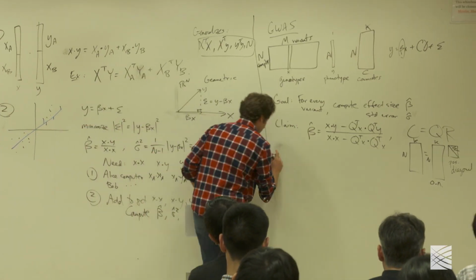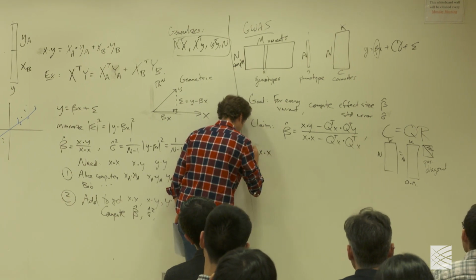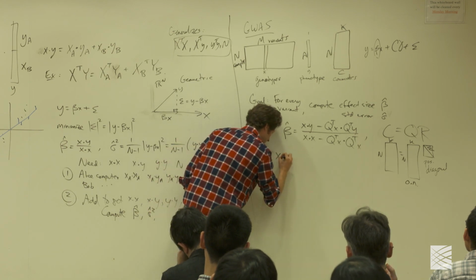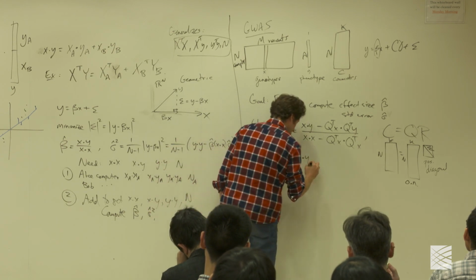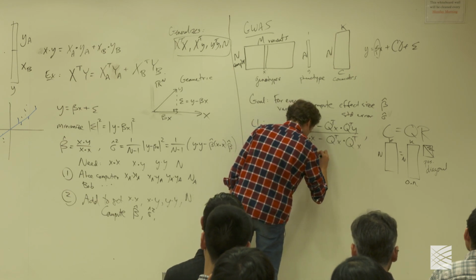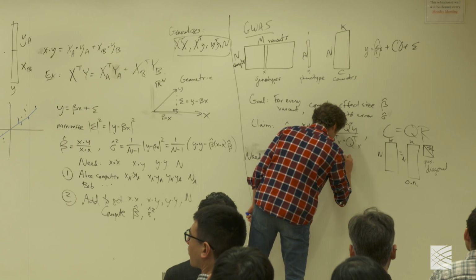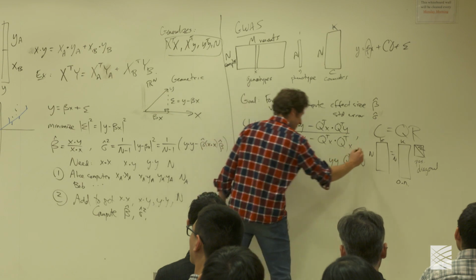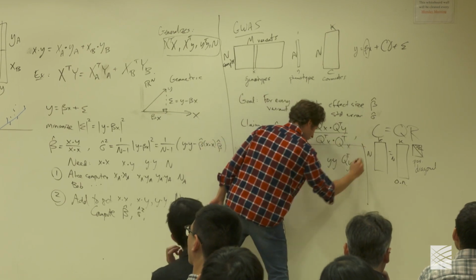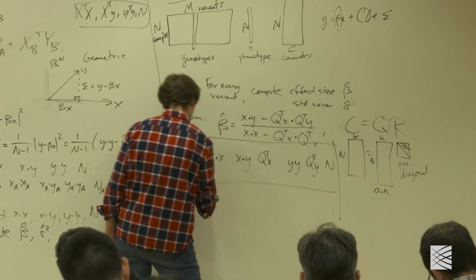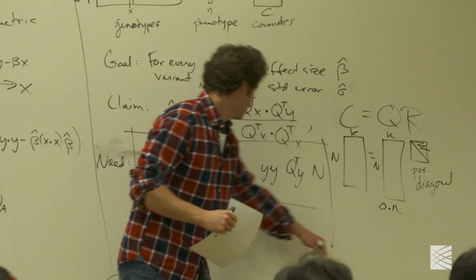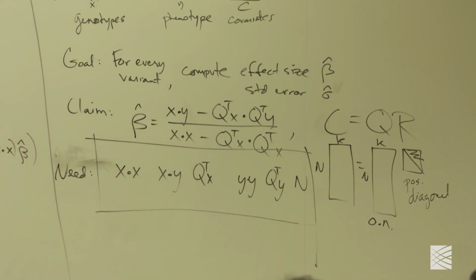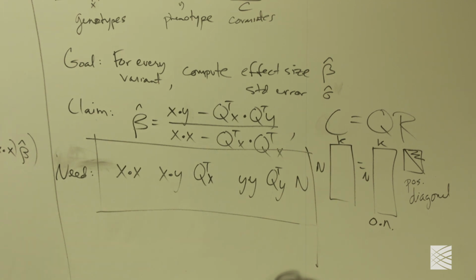What are the key quantities? x dot x, x dot y, Q transpose X, Y dot Y, Q transpose Y, and N. You don't see Y transpose Y in the formula here, but it does show up in the formula for the standard error, just like you see it here. So that's why we need it.